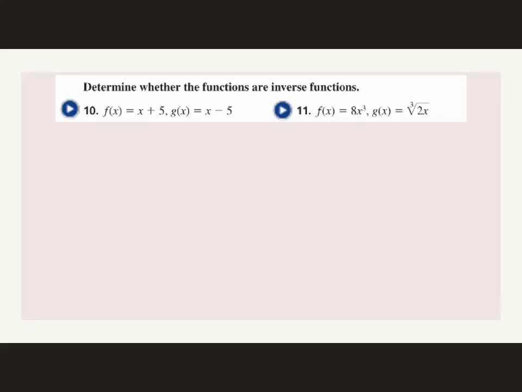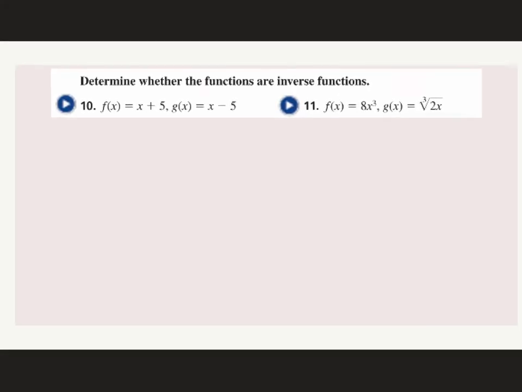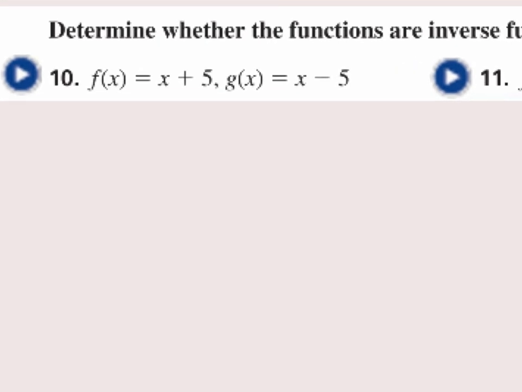All right, last slide, yay. So number 10, what should we do? Awesome. Take our g of x, plug it into the x of f of x. So we have x minus 5 plus 5.